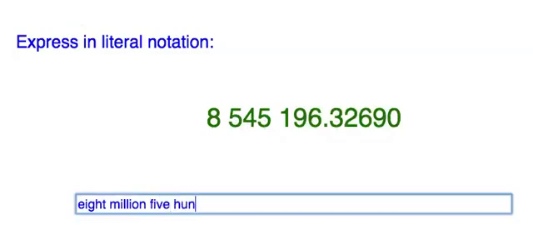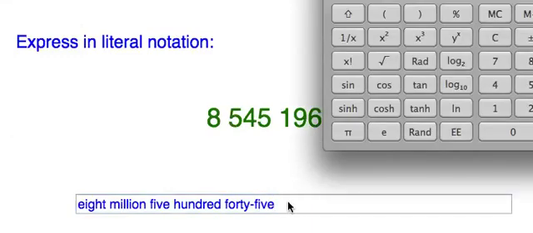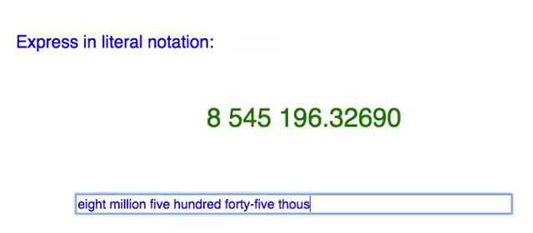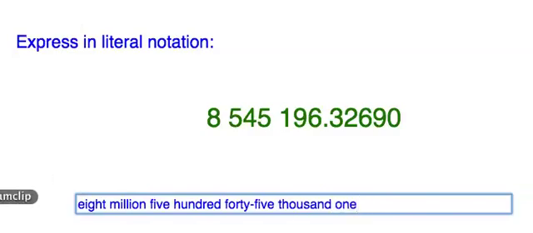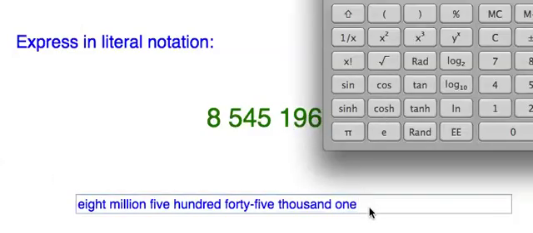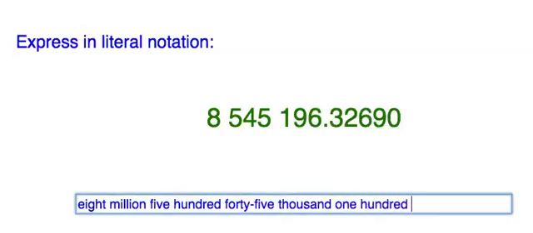So 545, and don't forget there's no U in 40, and because this is in the thousands block, I'm going to write thousand. So 8,545,000, and then in the ones block, I have 196. Don't forget the dash, 196.